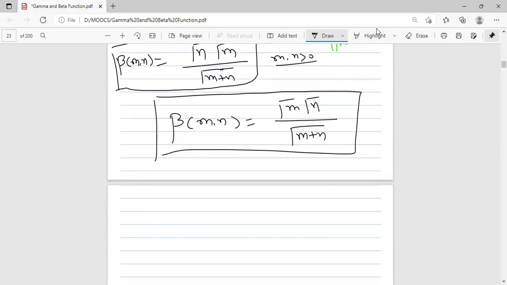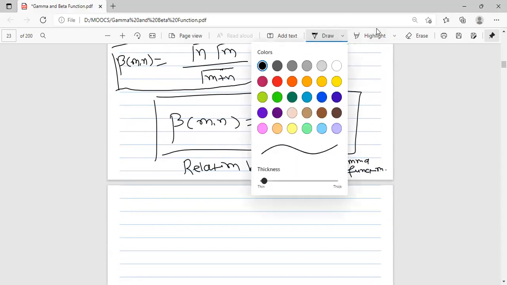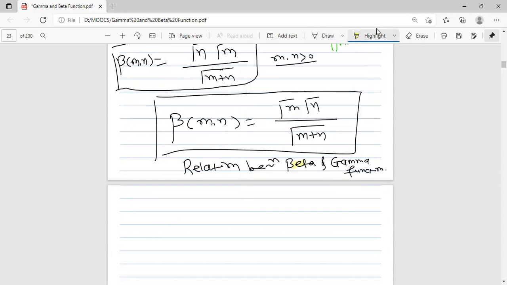This is nothing but the relation between beta and gamma. So this relation helps to find out integration.